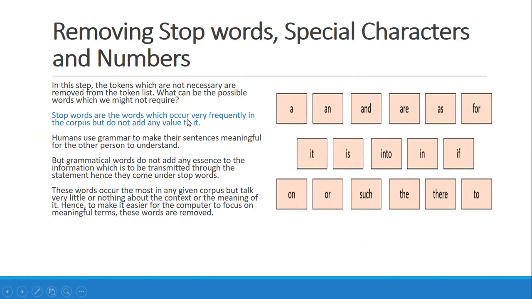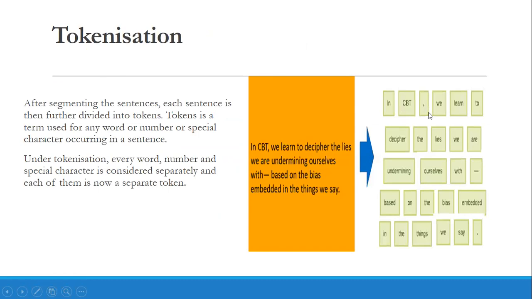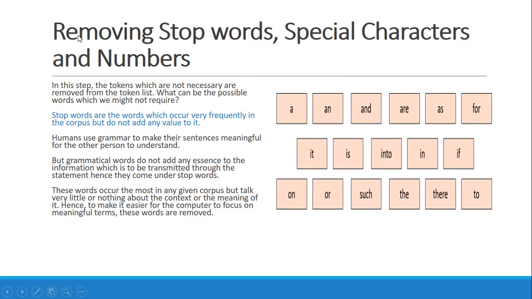Stop words are the words which occur very frequently in the corpus but do not add any value to it. The tokens which are not necessary are removed from the token list. So in the previous step, we have tokens like comma, hyphen. You can see V is repeated thrice. What is repeated twice or thrice, those are all removed. So we remove the stop words, then the special characters and also the numbers.